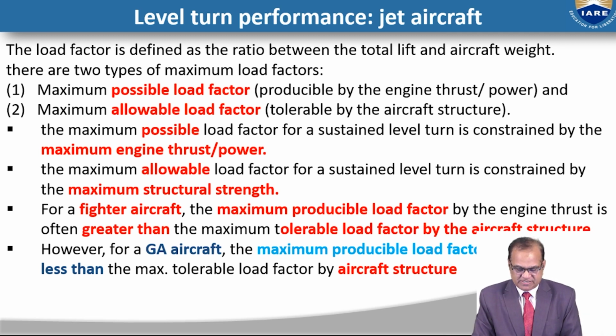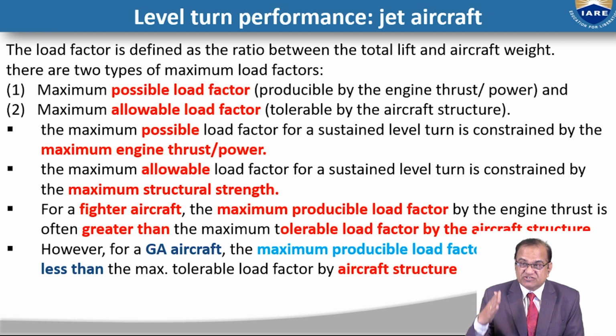For a fighter aircraft, the maximum producible load factor by the engine thrust is often greater than the maximum tolerable load factor by the aircraft structure. So for the fighter aircraft, the load factor which is produced is much higher than the tolerable load factor of the structure. It means the engine is much more powerful than its structure.